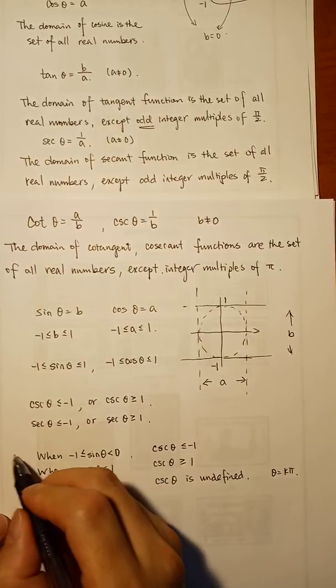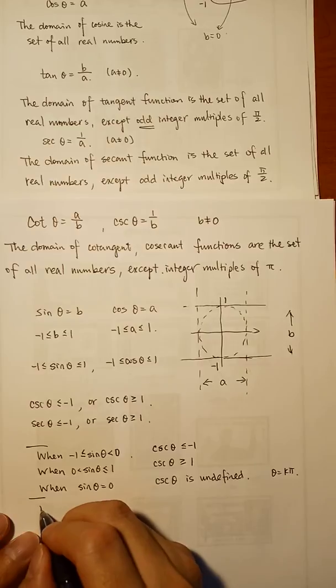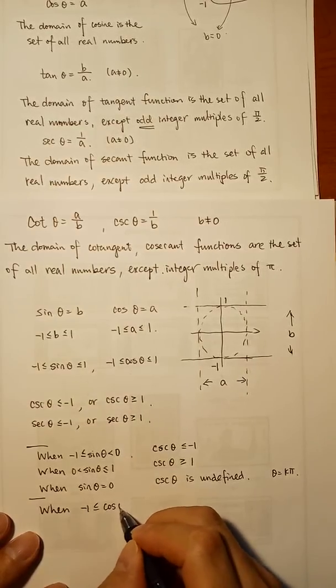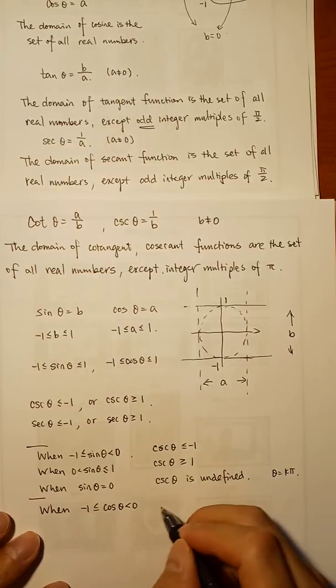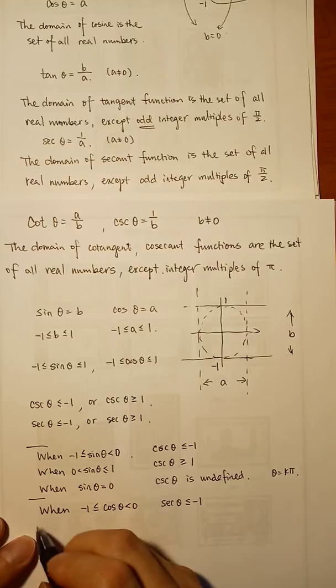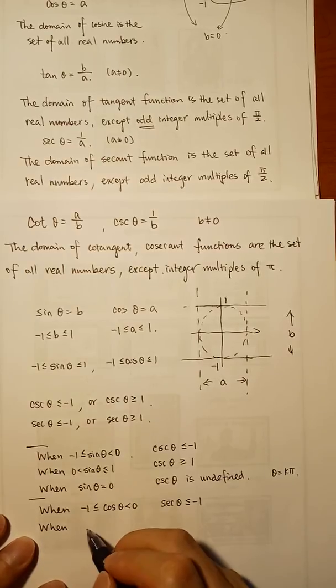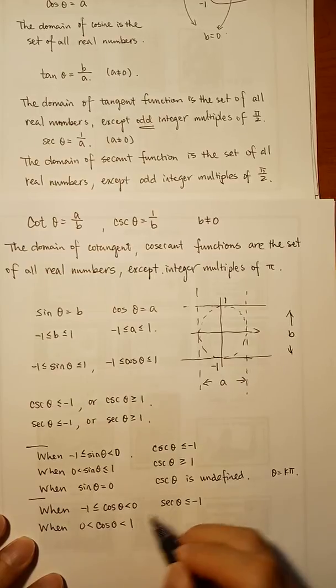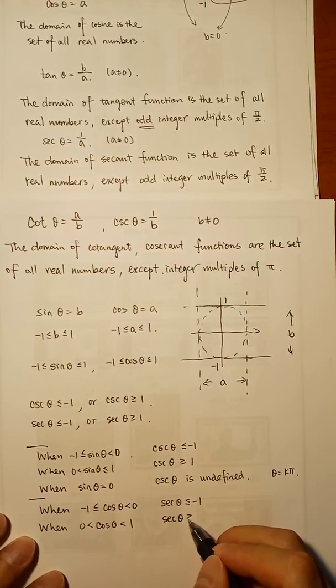For cosine, when cosine is between -1 and 0, secant of theta is less than or equal to -1. When cosine is between 0 and 1, secant of theta is greater than or equal to 1.